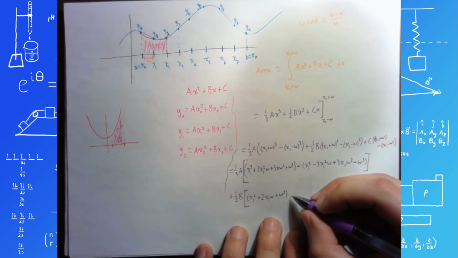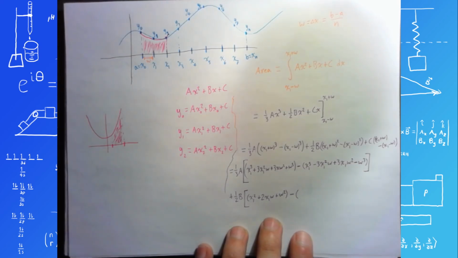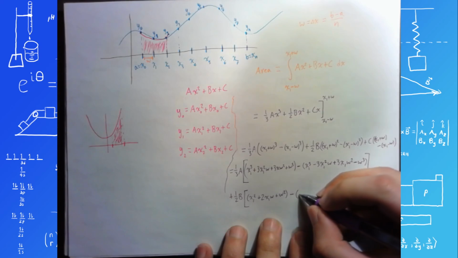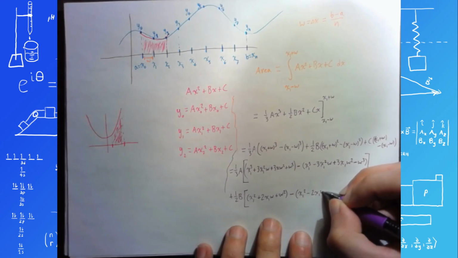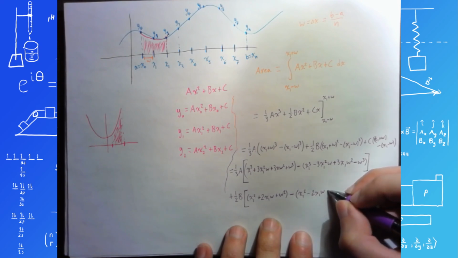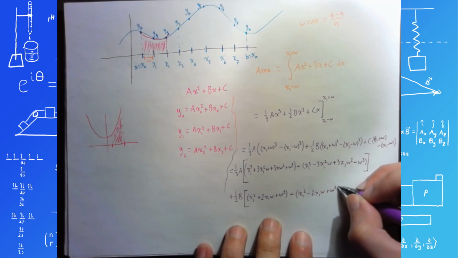And then minus, in another set of parentheses, the square of x1 minus w. So that's going to be x1 squared minus 2x1w plus w squared.